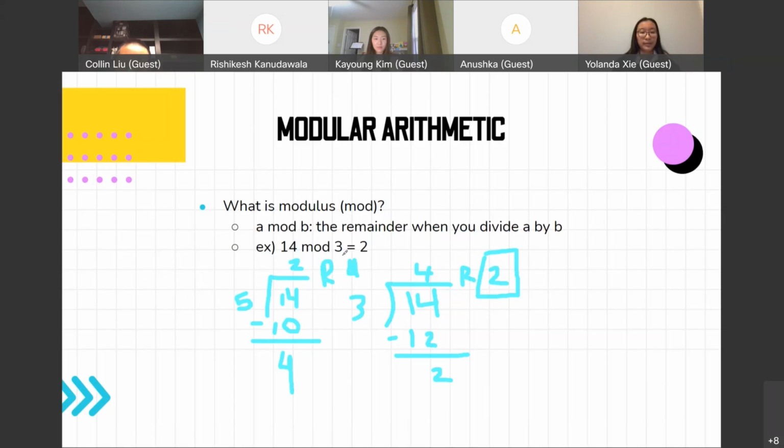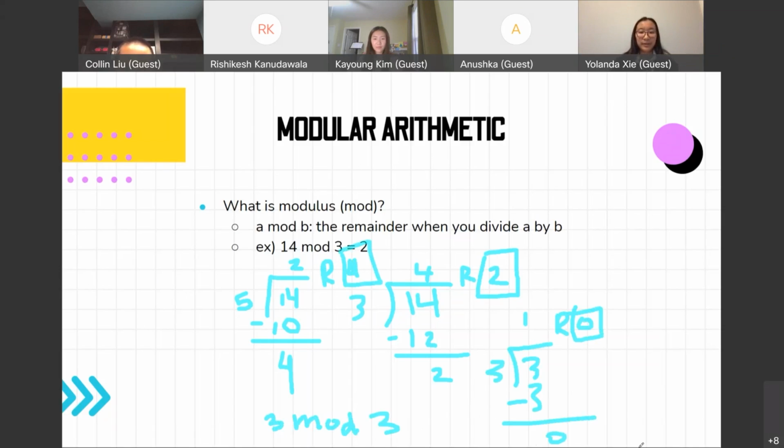Let's do another one. What is 3 mod 3? It was a sort of trick question, but people are getting it. You guys are correct. It would be 0 because there's no remainder. All right. What is 7 mod 2?